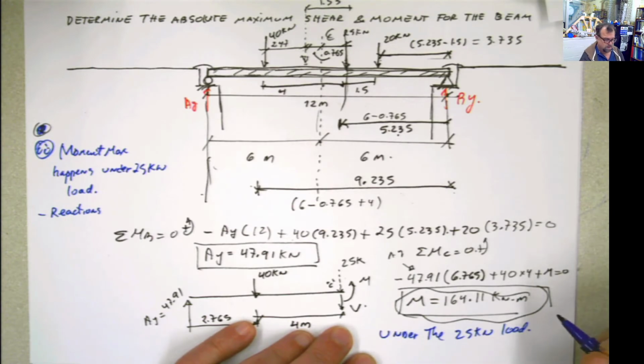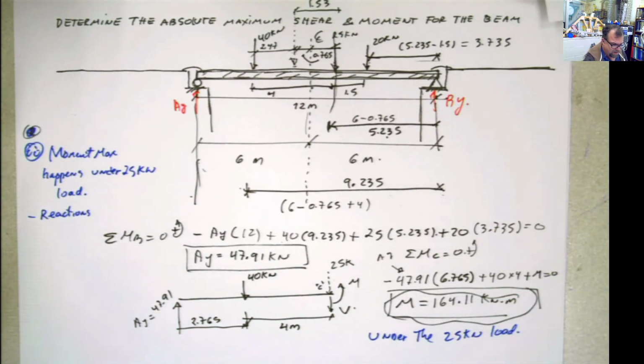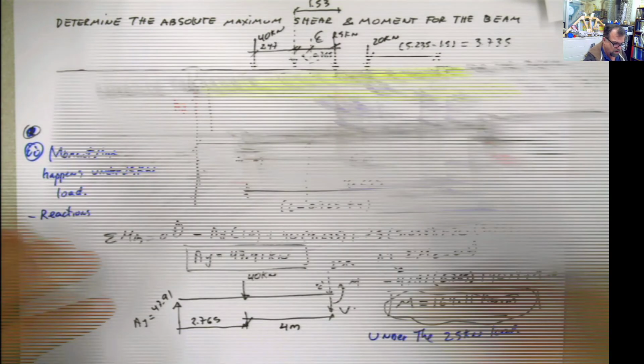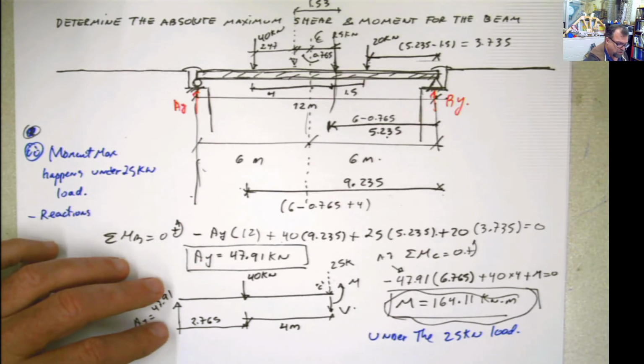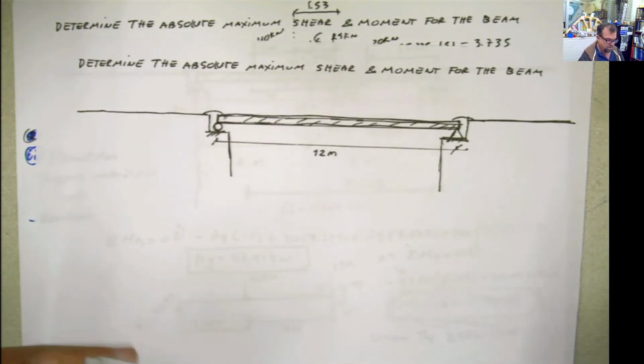That's it for the moment. Now for the shear, I don't think it's worth it that I do it. I think that you can go and work it out on your own. For the shear, it's really easy. You just put the truck here. There's no calculation of any resultant force.